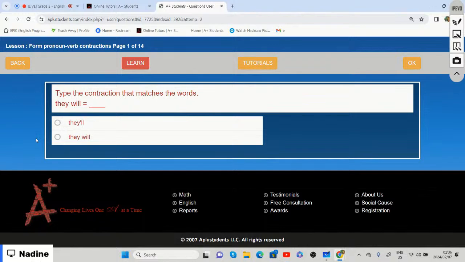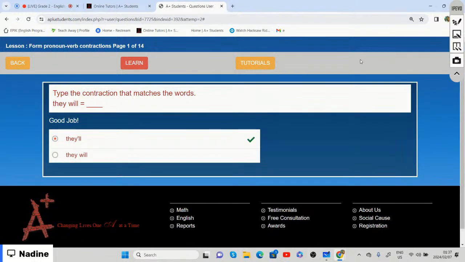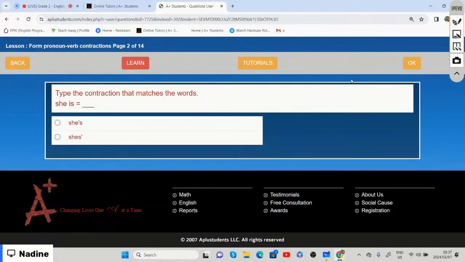If we choose the correct contraction, then we will say it is they'll. So they'll. Yes, and they'll is correct.